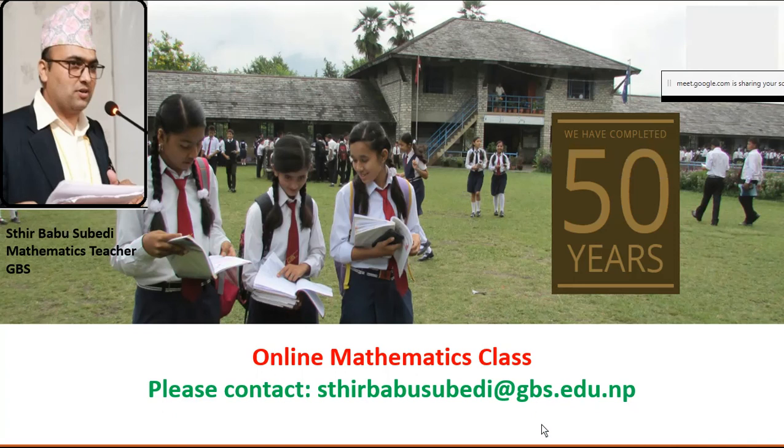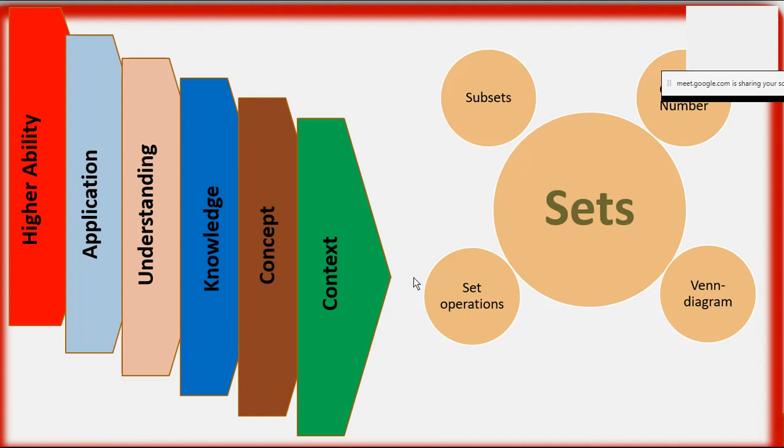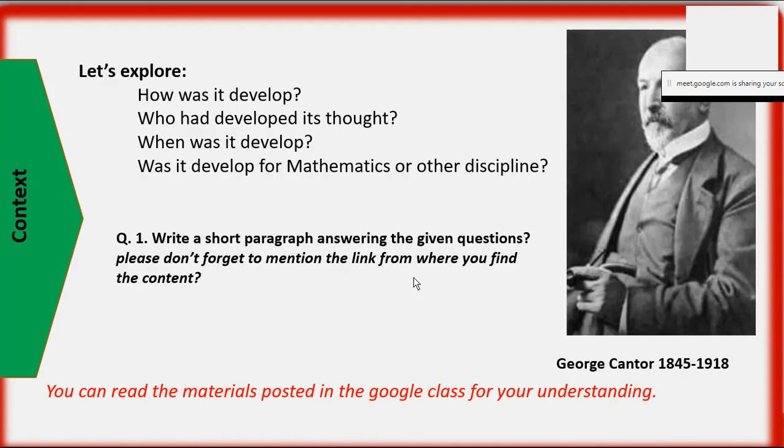In the last class, we discussed sets and the relation of sets. We discussed the context, the mathematician who developed set theory. Then I gave the assignment about the mathematician George Cantor who developed set theory.